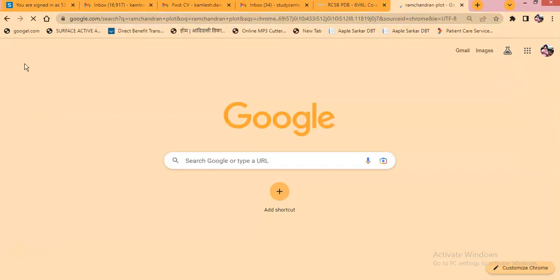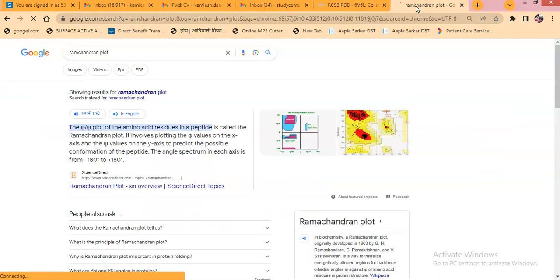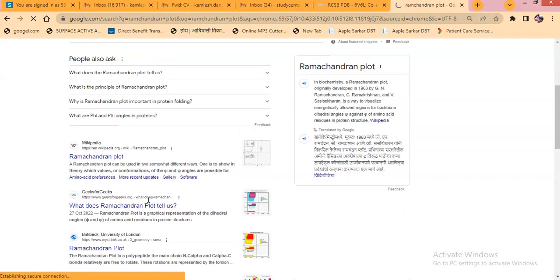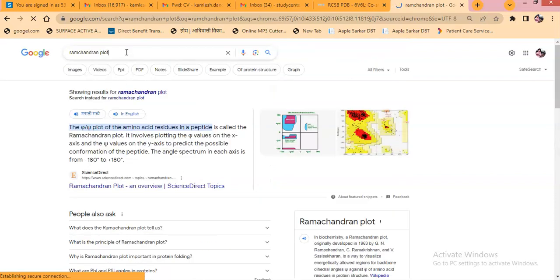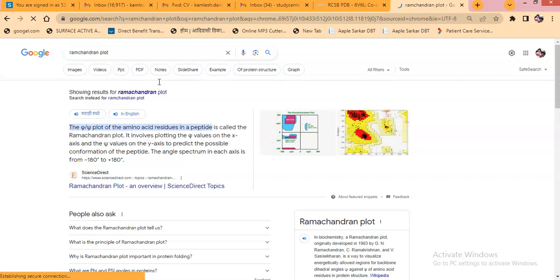Just open it. There is one more application to check the Ramachandran plot. This is a Ramachandran plot you may find over here. If you search for Ramachandran plot server, it will appear in Google.